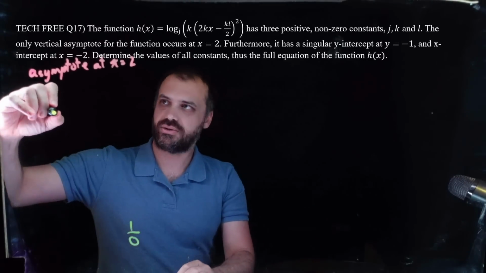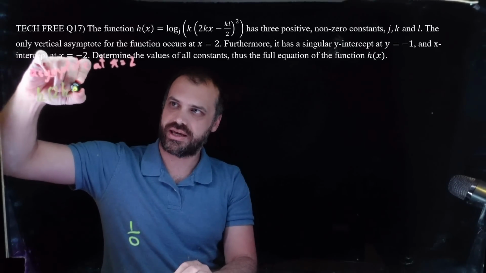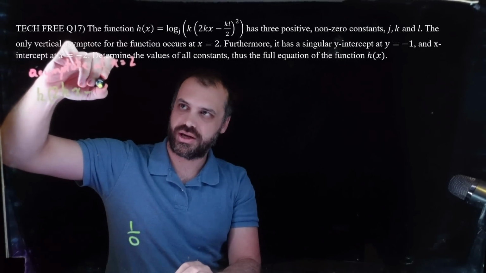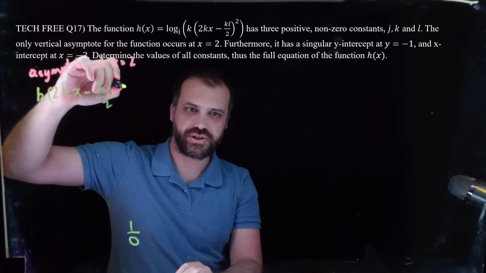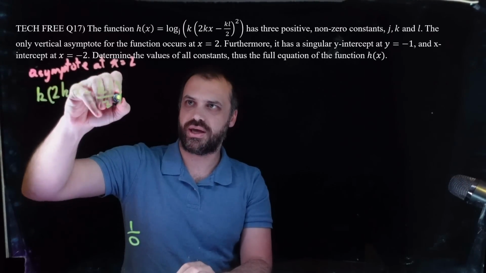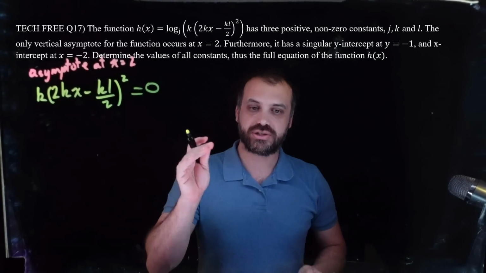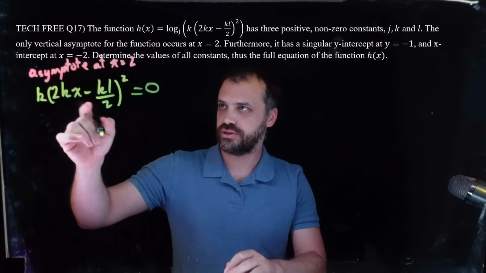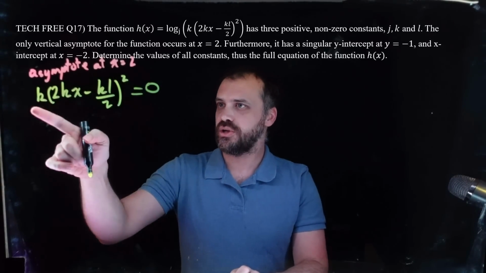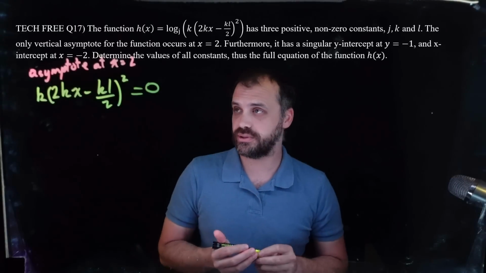So that means that all of this stuff, k bracket 2kx minus kl over 2, and then squared, when that is equal to 0, that's when we'll have our asymptote. Asymptote at x equals 2, when this is equal to 0. That's when the asymptote will happen.